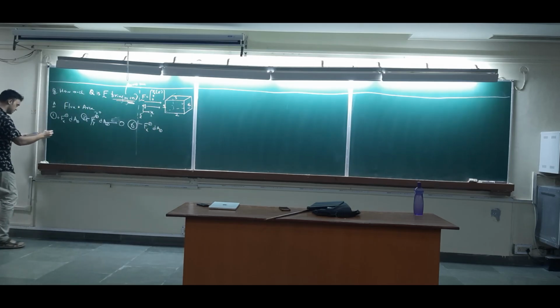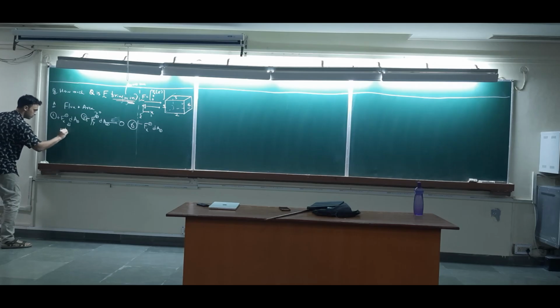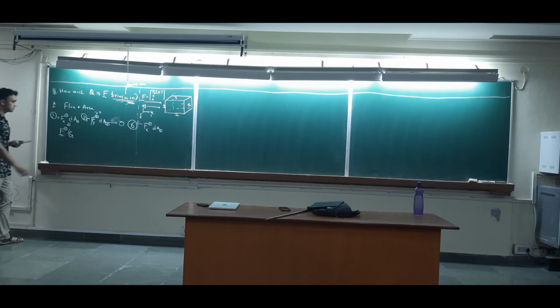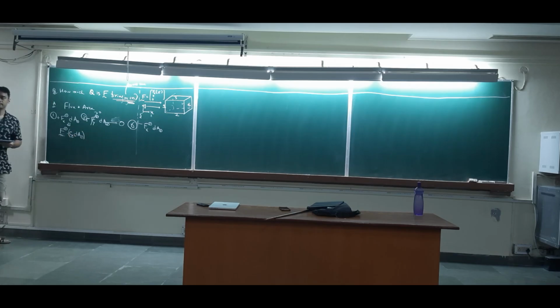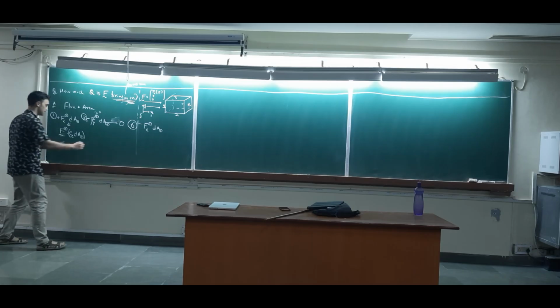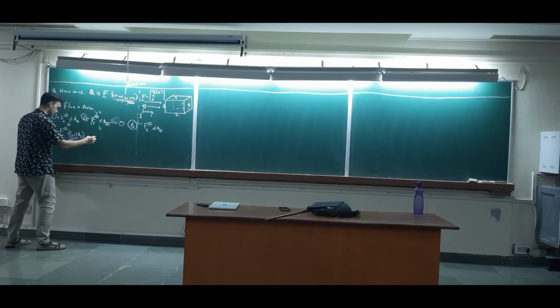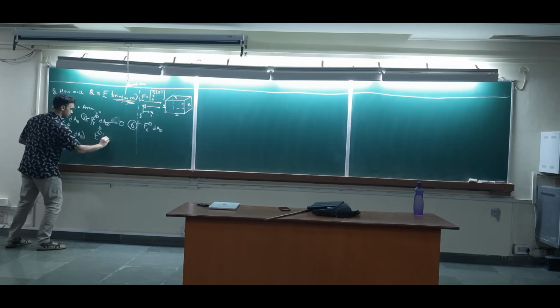So I could write this guy as F1 dotted with ex, the unit vector in x direction, into dA1. Yes or no? Similarly, although it's 0, let's write it because it helps: F2 dot ey dA2.